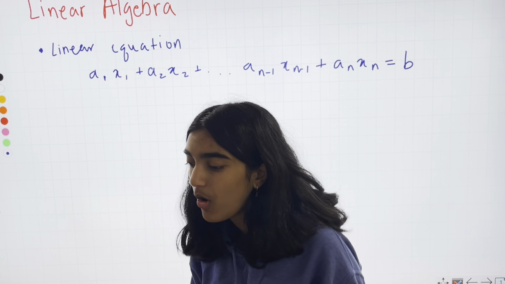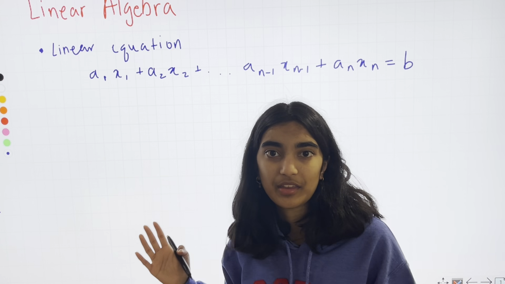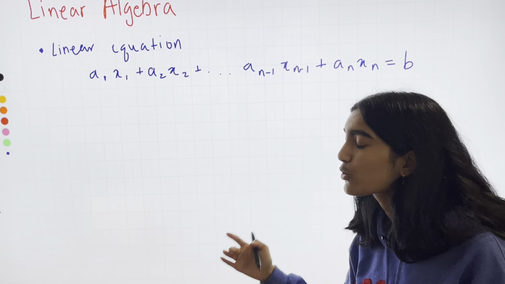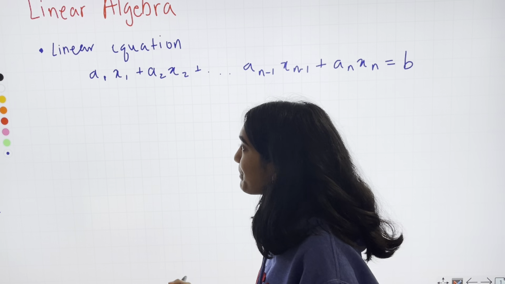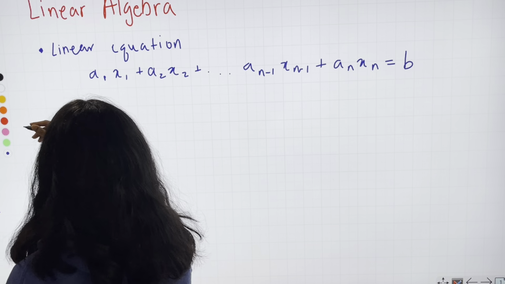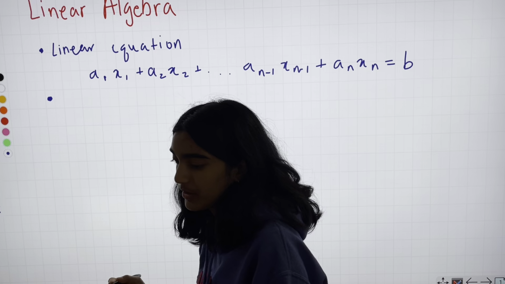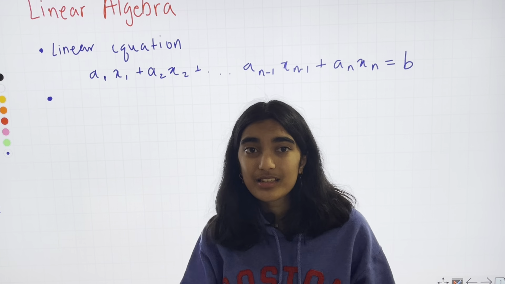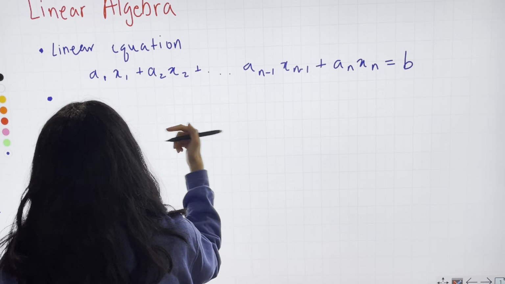So all linear equations look like this, or can be rearranged to look like this. Okay, so a system of linear equations, however, is just a collection of these equations.